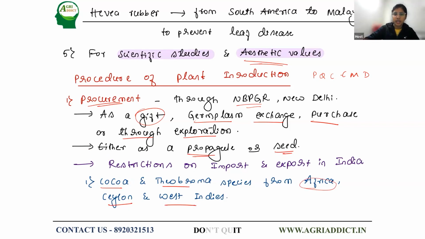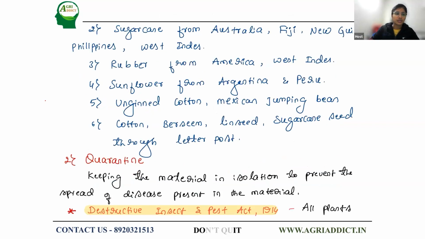These restrictions might be because these crops are associated with certain diseases or pests or other problems which, even through quarantine measures, cannot be eliminated.